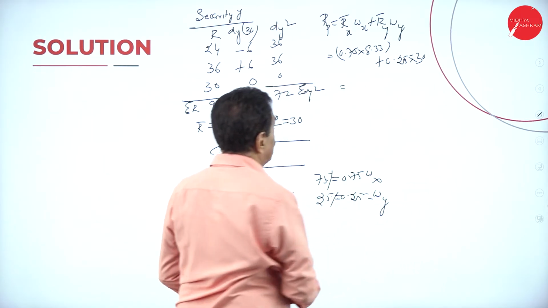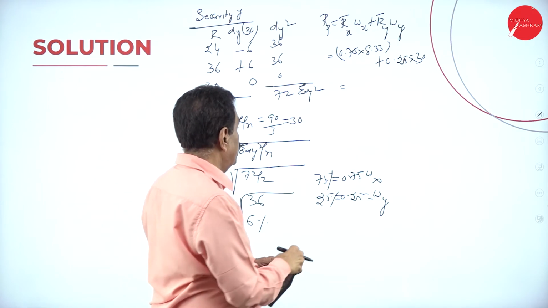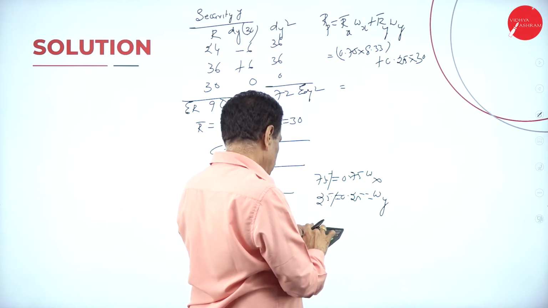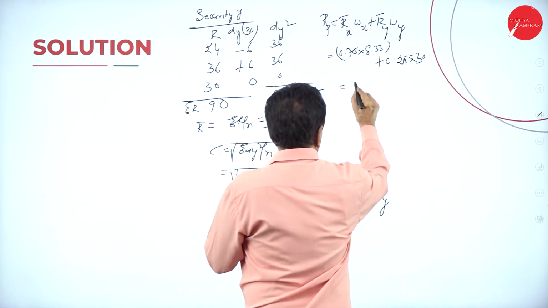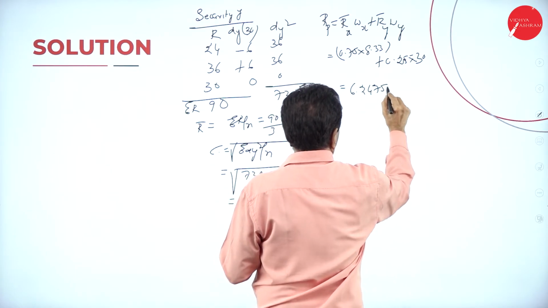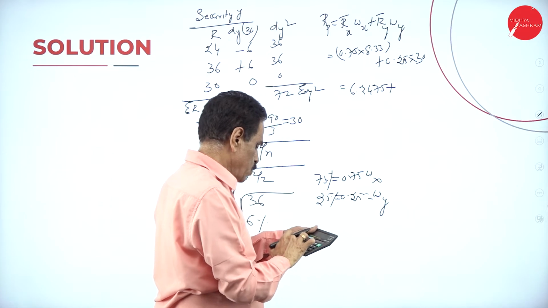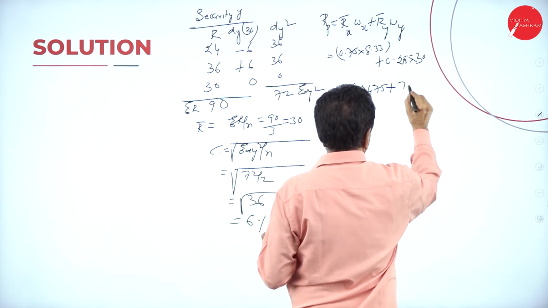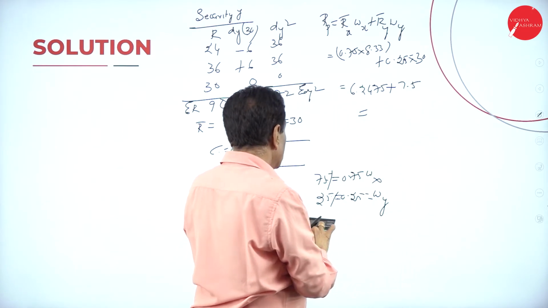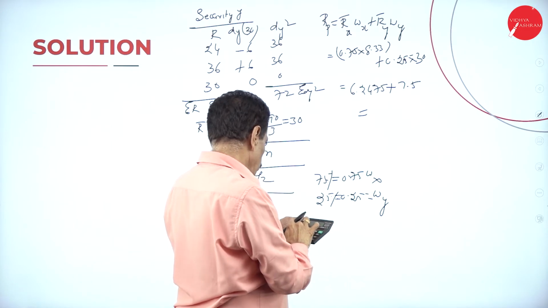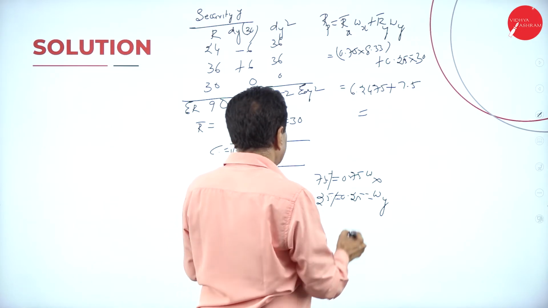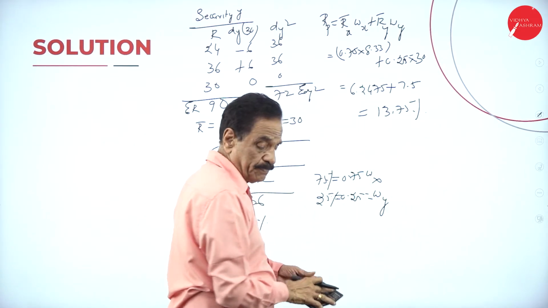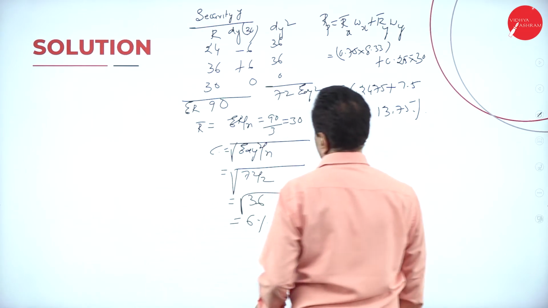Multiply: 0.75 into 8.33 is 6.2475, plus 0.25 into 30 is 7.5. 7.5 plus 6.2475 is 13.75%. So this goes to return on portfolio.